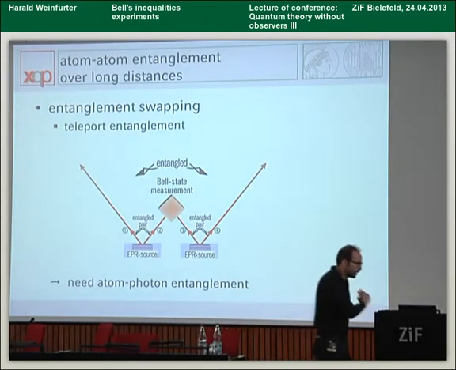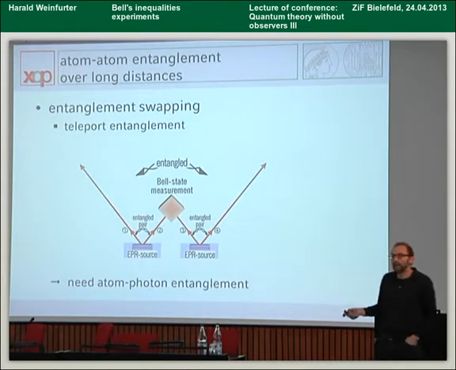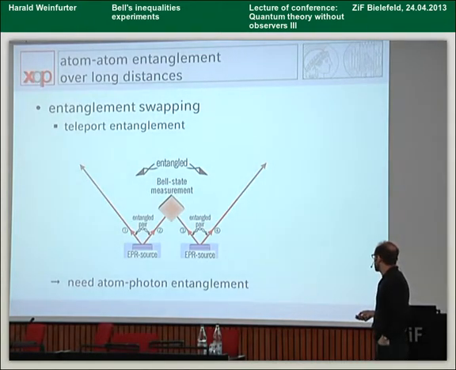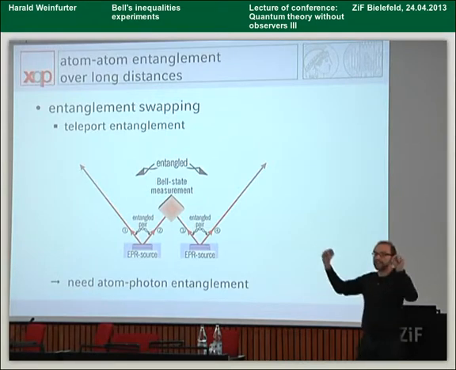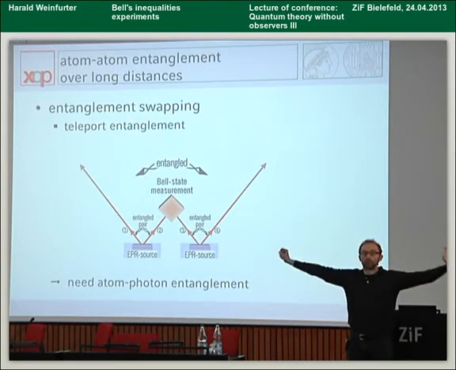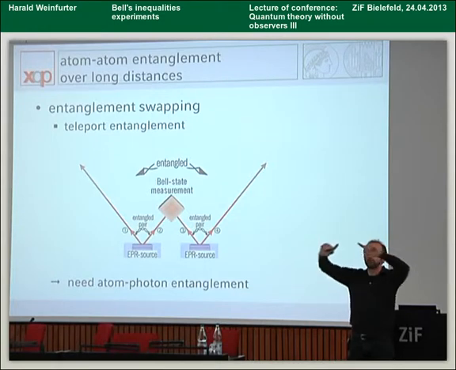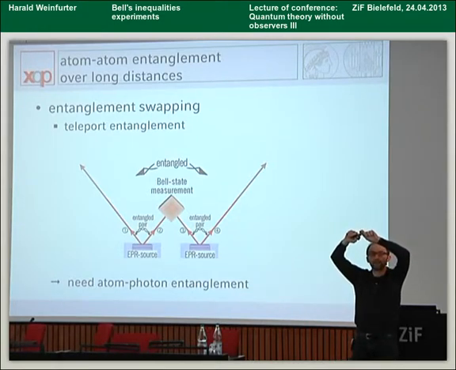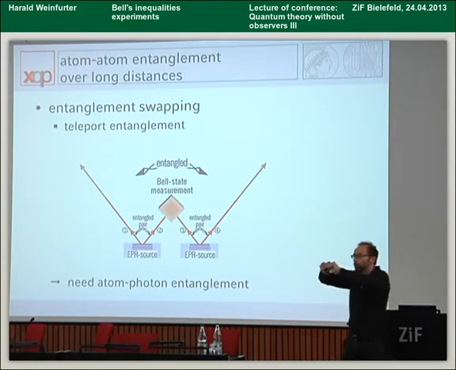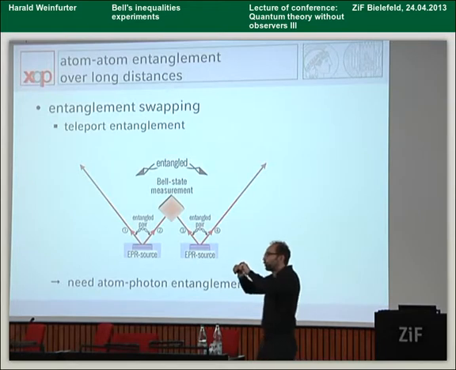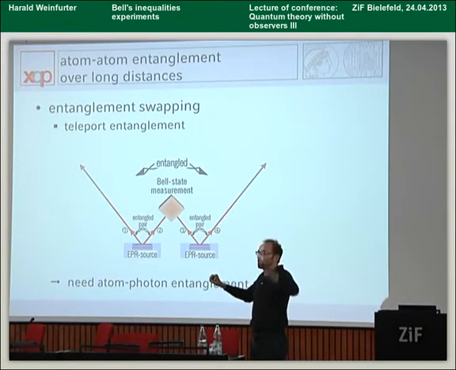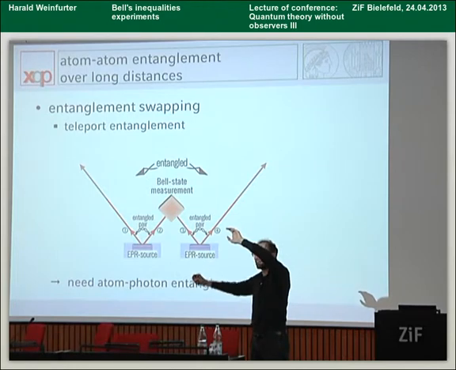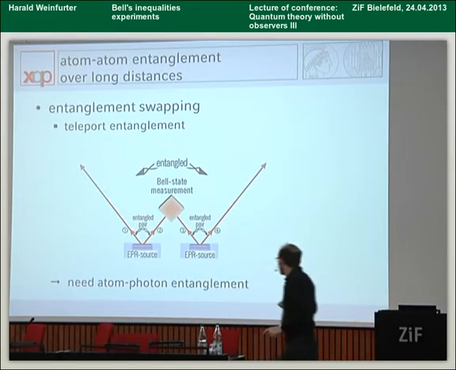And the main experiment I want to show you now is really that we are able to do this for atoms. Evidently, we can use particle 1 and particle 4 as the atoms. But if we want to do this for a big separation, then we have to bring particles 2 and 3 together, which simply means we really need photons there, because we can transfer only photons over reasonable distances. And so we first have to start with entanglement between an atom and a photon, and evidently another atom and another photon, to really achieve this feat here.